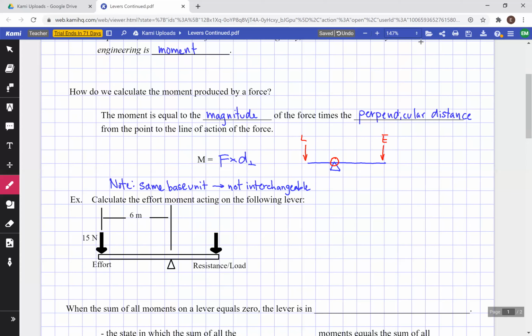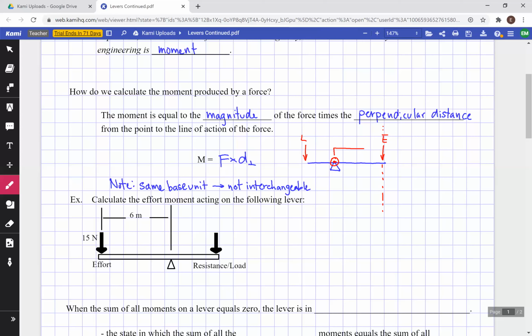Now, the line of action of the force is just if this force were to continue in a straight line, right? It would just keep going down like that. So we want to find the perpendicular distance from this point to that line. We did that in geometry as well, where we found the distance between a point and a line. It's going to be a lot simpler here because most of the time we're just going to see a force acting vertically, kind of tangent to the point of rotation.